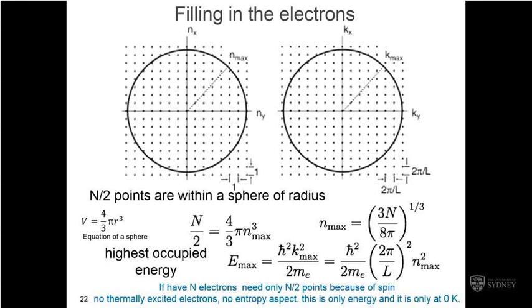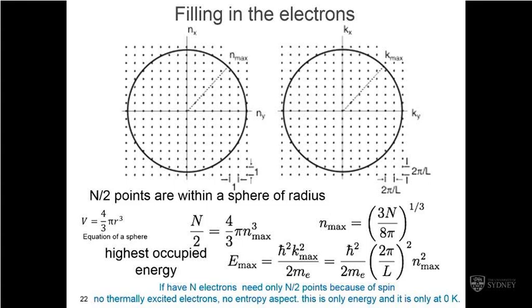Okay. So what we know, this is the important thing here. We know this is a sphere, just cut through the middle. We know it's in 3 dimensions. We know the equation of a sphere: 4/3 pi r squared. And in our case, we have 4/3 pi N max squared. Okay, that's just our variable.